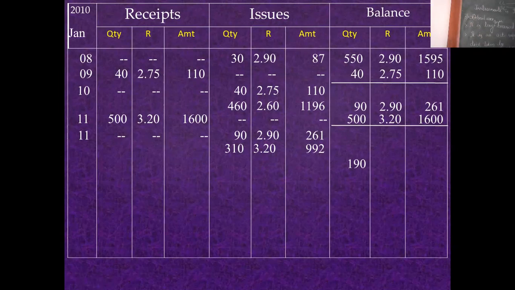First one, 40 units at the rate of 2.75. 460 units would be 90 paisa, rupees, sorry.